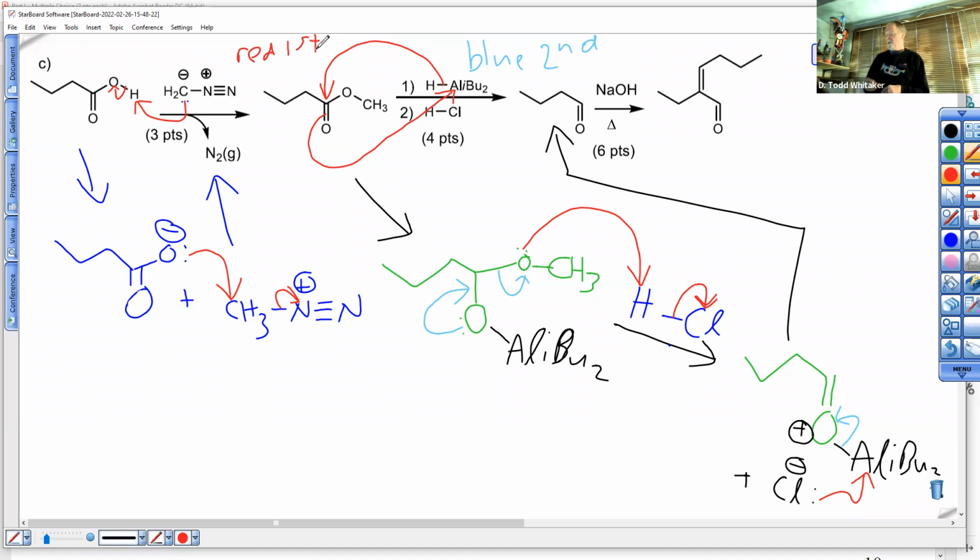And then we'll do the Aldol reaction. The Aldol reaction makes bonds to the alpha position of an aldehyde or a ketone. It's a little more general than that. It makes bonds to the alpha position of any carbonyl.